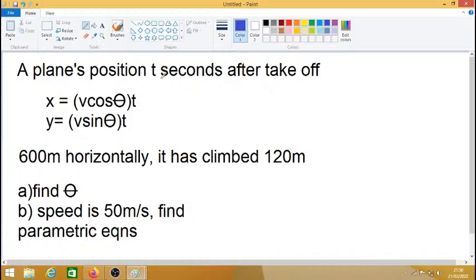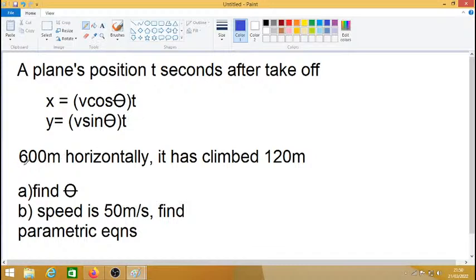T is the t seconds after takeoff, v is the speed of the plane, and theta is the angle of takeoff. Y, that's the y coordinate of the plane's position, or the height above the ground, is equal to v sine theta times t.